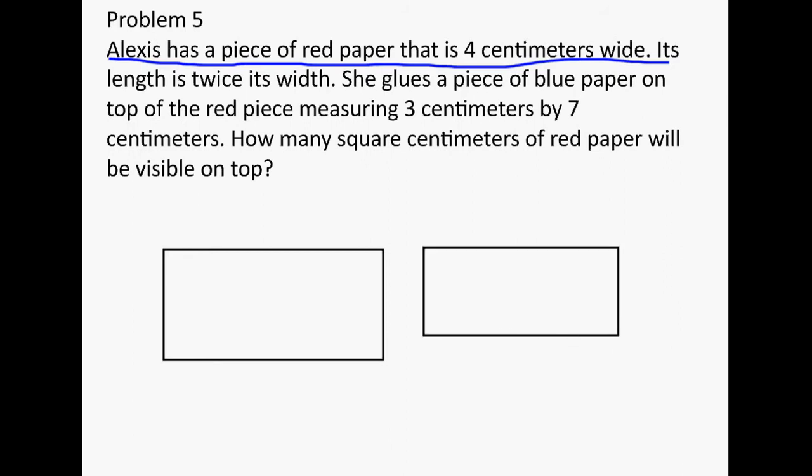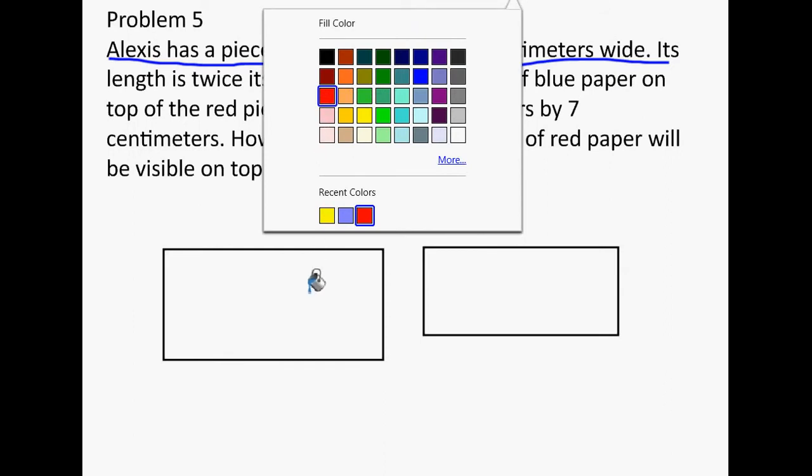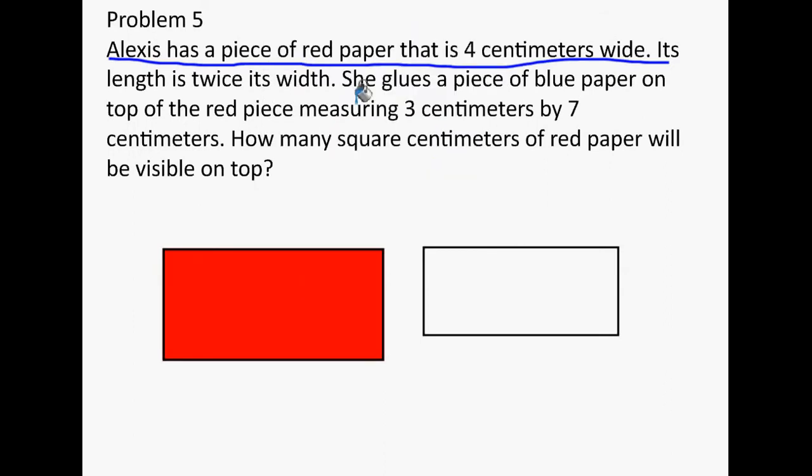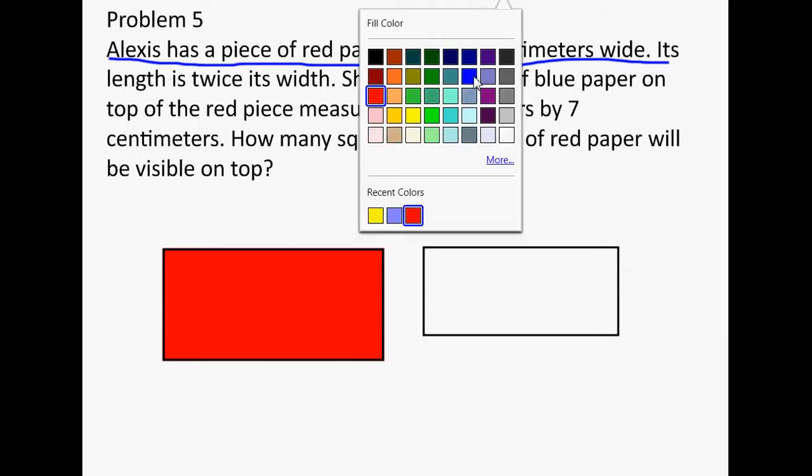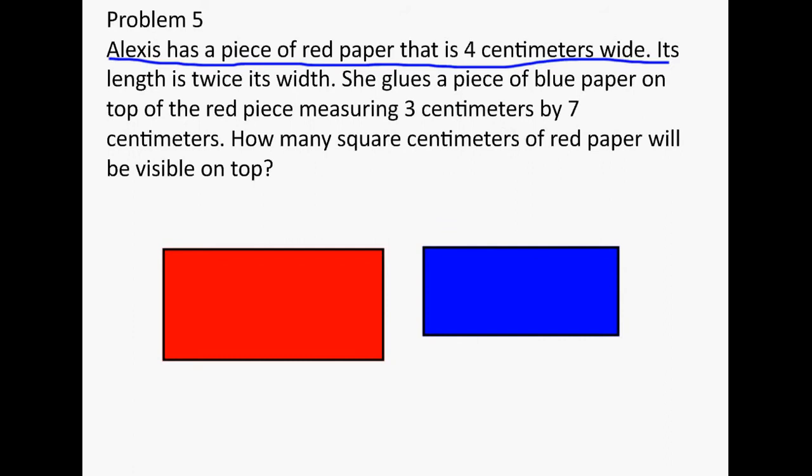Okay, so let's color it in so we know the difference. Remember, this one was red, and this one was blue. Okay, so let's talk about what these are. Alexis has a piece of red paper. Here's the red one. 4 centimeters wide. So we know this is 4.